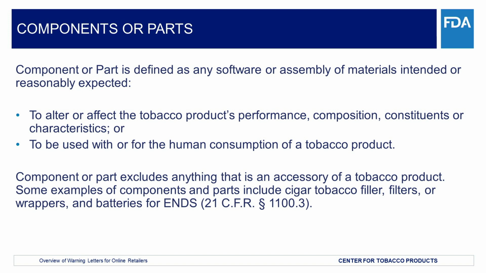Is intended or reasonably expected to affect or maintain the performance, composition, constituents, or characteristics of a tobacco product, but solely controls moisture and/or temperature of a stored product, like a humidor, or solely provides an external heat source to initiate but not maintain combustion of a tobacco product, like a lighter. Some other examples of accessories of the newly deemed tobacco products are pipe pouches, ashtrays, and cigar cutters.